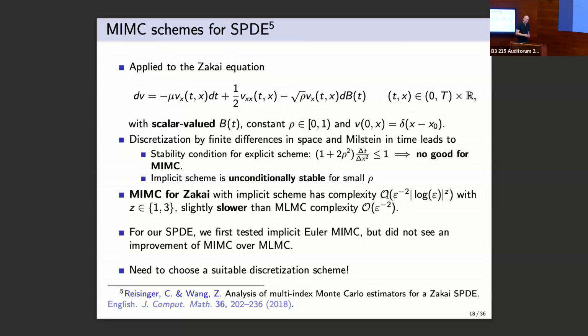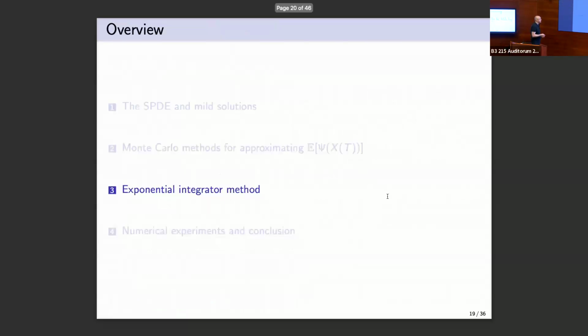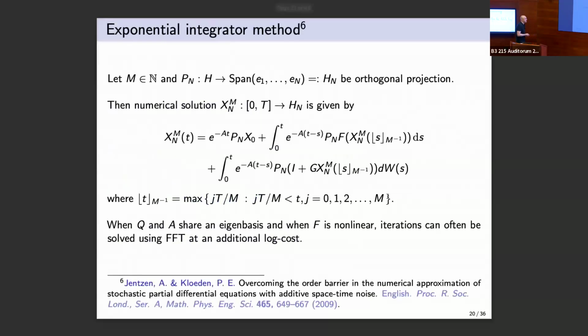But when you start having multiplicative noise, it's more unclear. So anyway, implicit Euler did not seem to work very well. So then we went to rather try the exponential integrator.